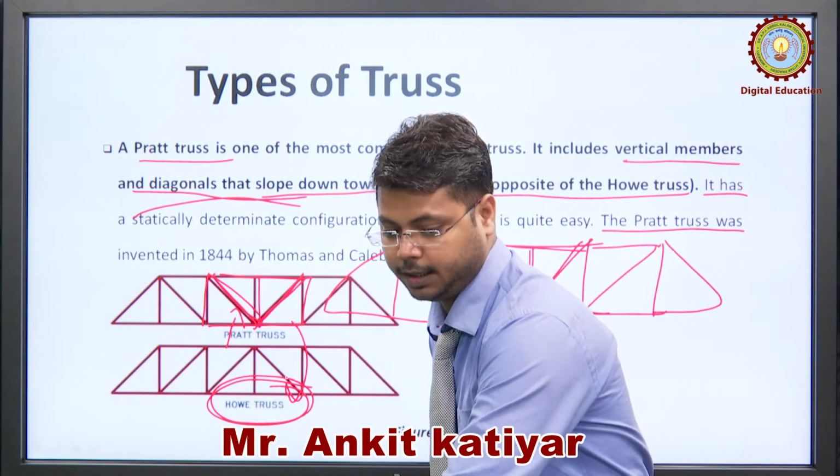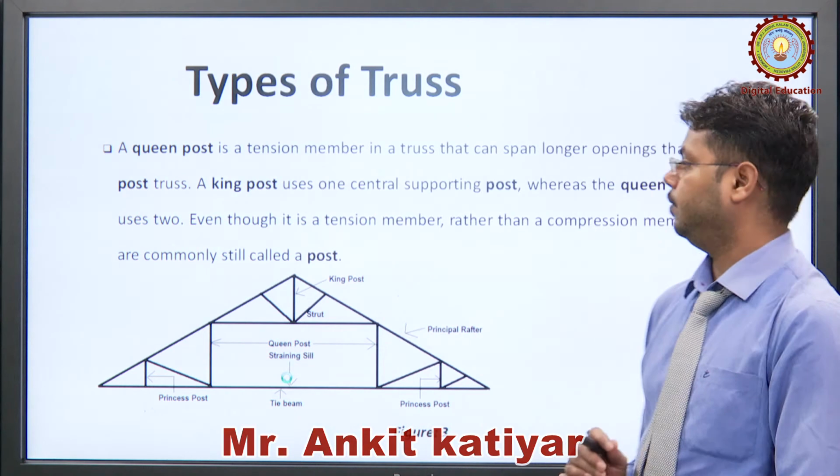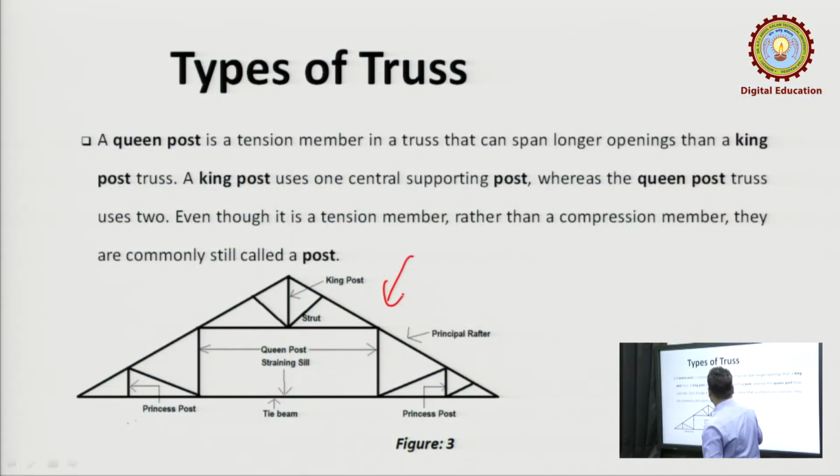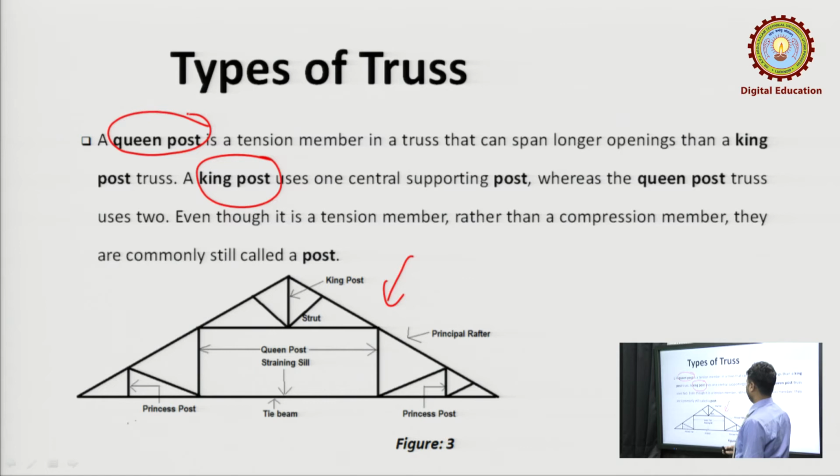Now, in the second truss, we can see one more truss called the king post truss and the queen post truss. There are two types of truss. The difference between king post and queen post truss is that a vertical member is attached to a simple truss.